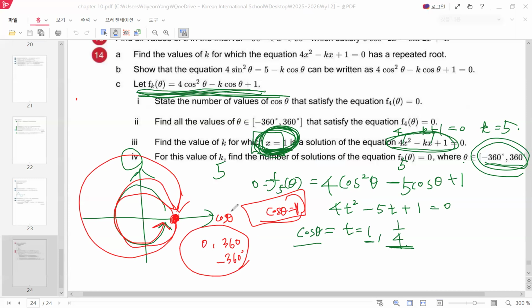Cosine theta equals 1. From this equation, you can find 1, 2, 3 solutions. Do you understand? And then cosine theta equals 1 over 4. Then theta equals cosine inverse 1 over 4. What's the value of this one?